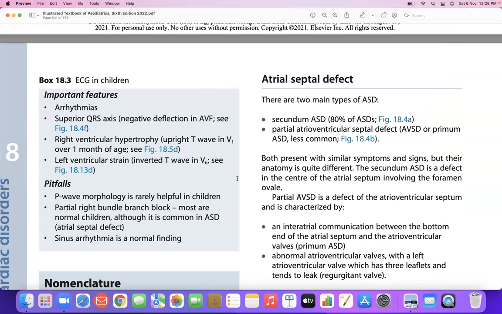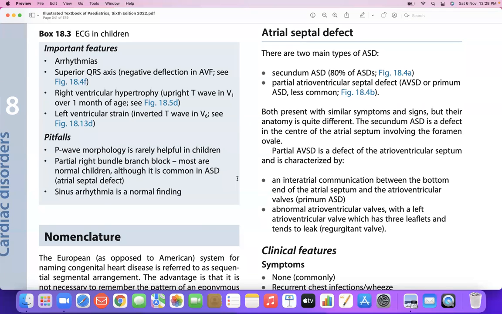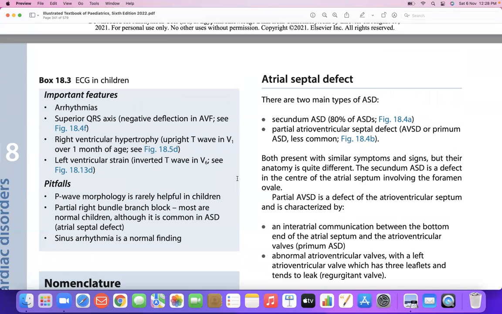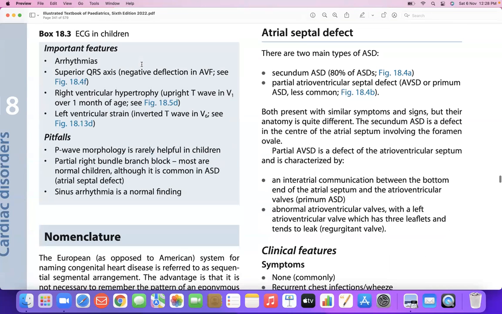So now we will go for ECG in children. For ECG in children, important features, what you can see is the arrhythmias.